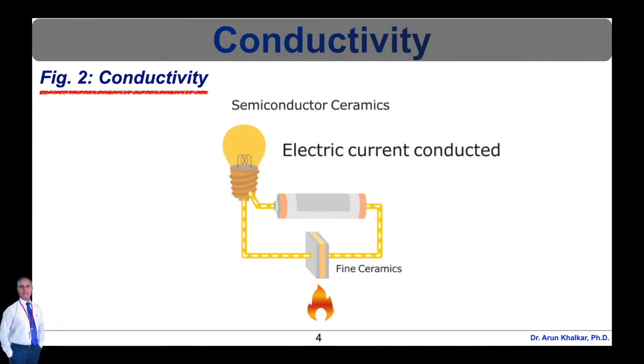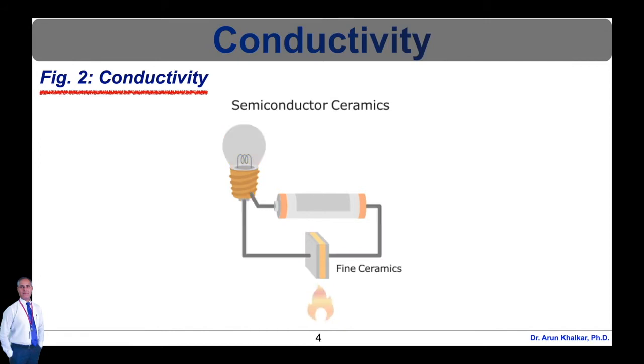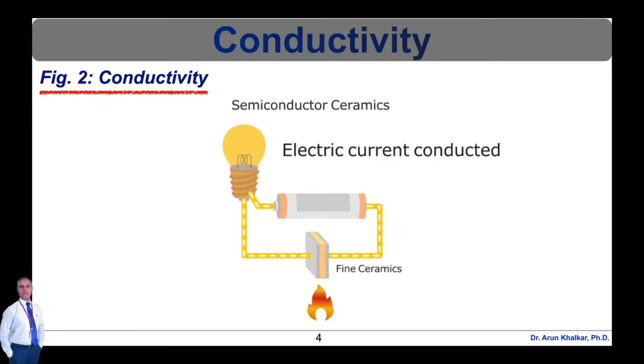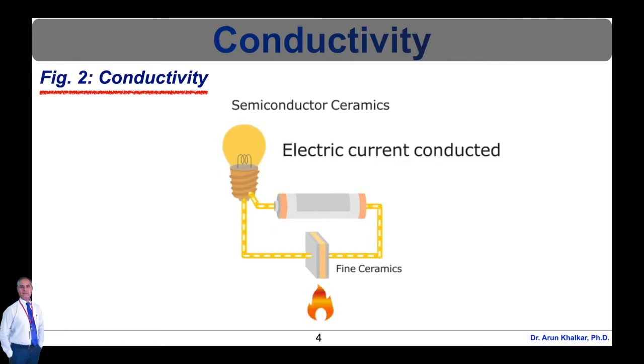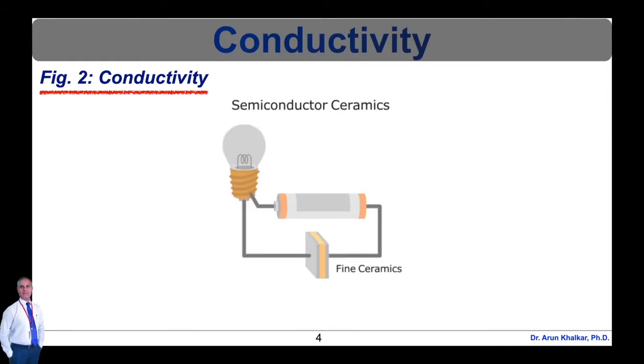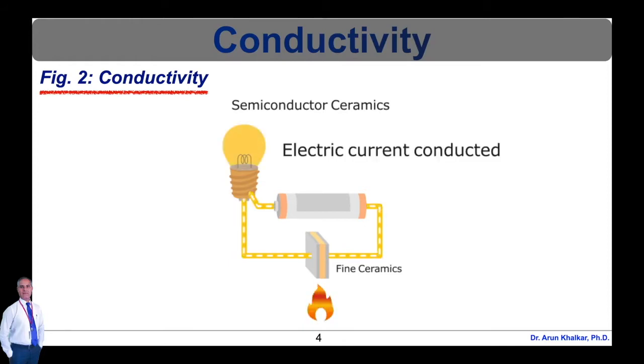So conductivity is a property that allows electricity to flow through a material. Fine ceramics are insulating materials in general, but some varieties exhibit electrical conductivity according to changes in temperature. A thermistor is an electronic component that utilizes a property in which electrical resistance decreases as temperature increases, allowing electricity to flow more easily when the material gets hot.